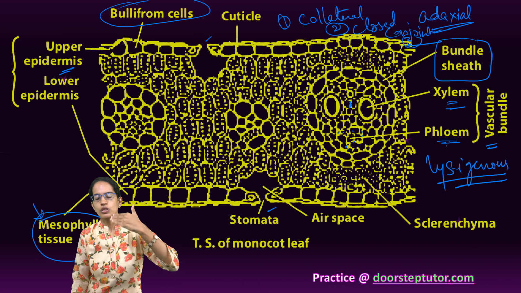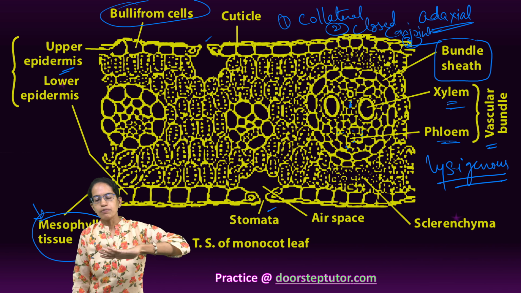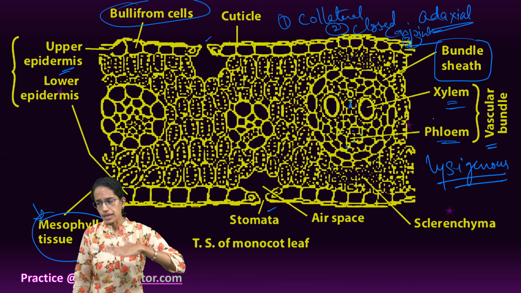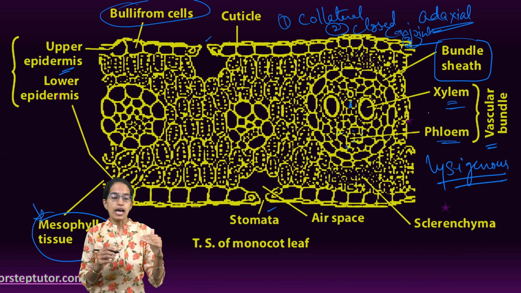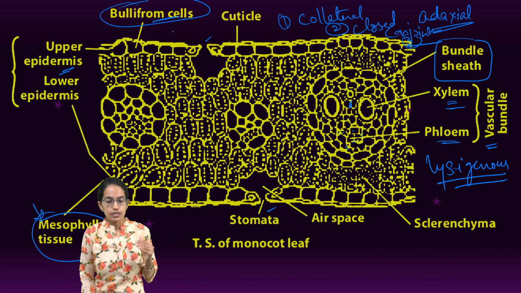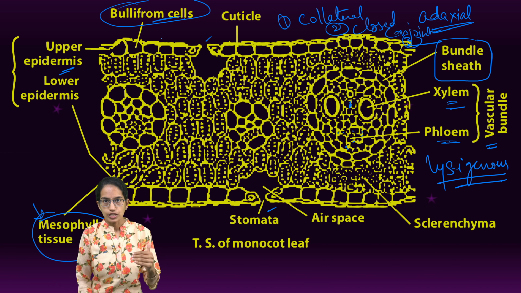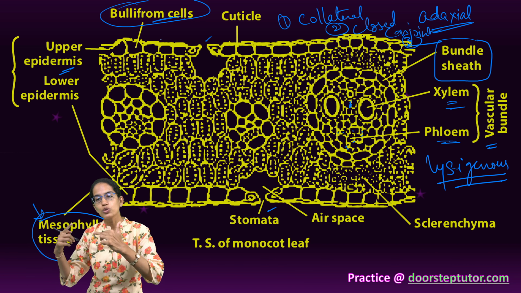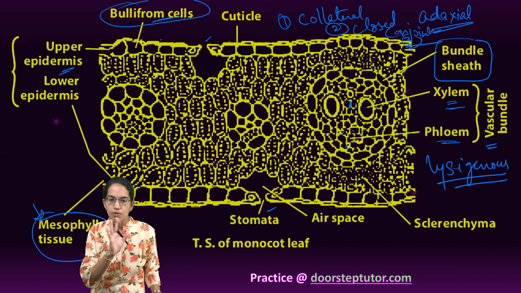Phloem is present on the lower epidermis. Xylem is present on the upper epidermis. The main idea here is that bulliform cells are present on the upper epidermis, and these bulliform cells are actually helping the plant during the drought because they help the leaves to roll, and that's one of the major characteristics.